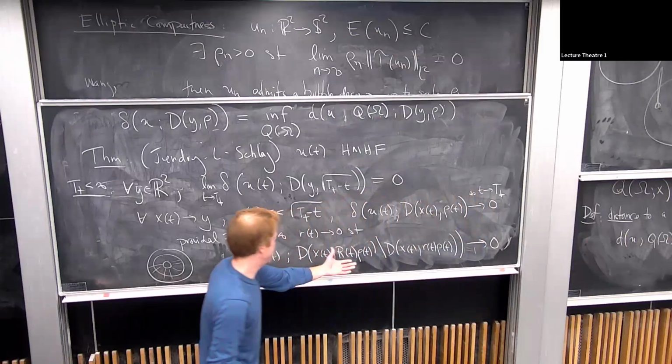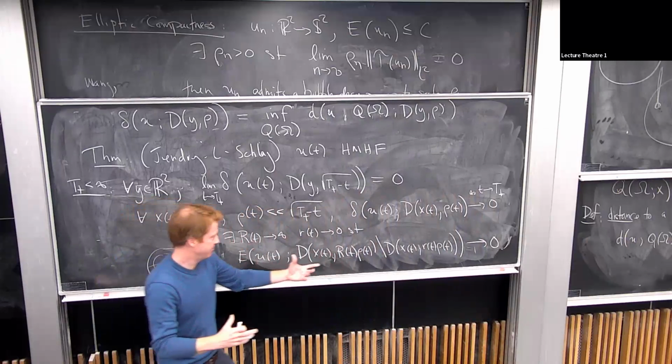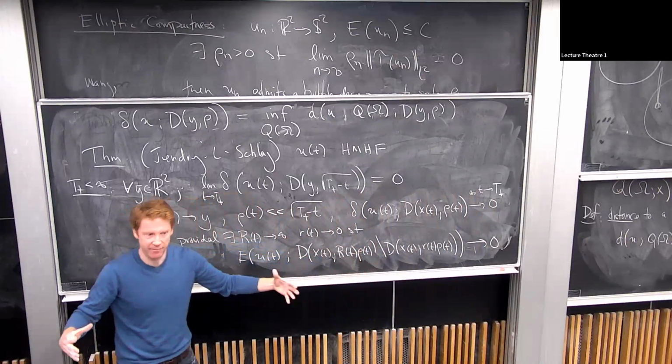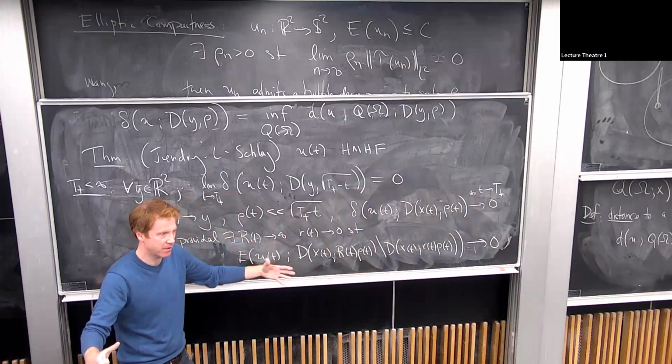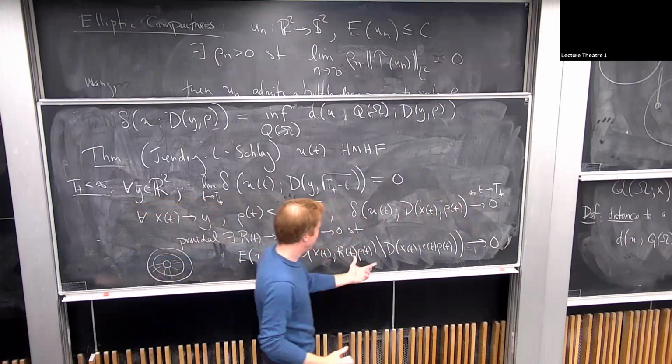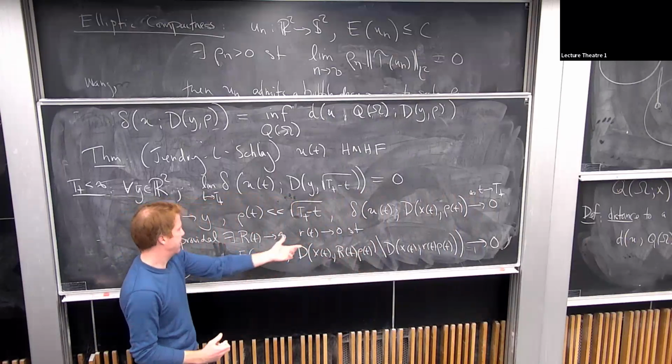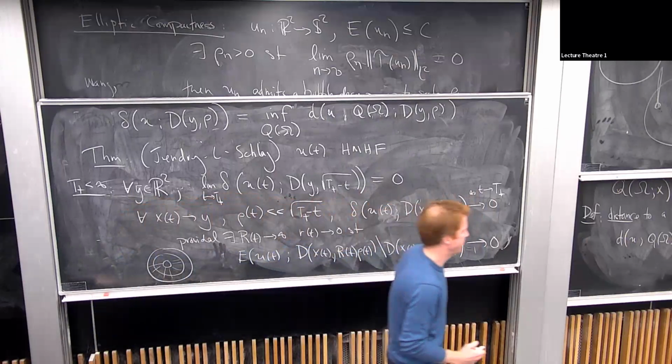So as long as I have energy evacuating from this neck, which means I didn't pick exactly the scale of one of the bubbles in a decomposition, you can find such a neck, and then delta goes to 0 on these smaller disks as well.